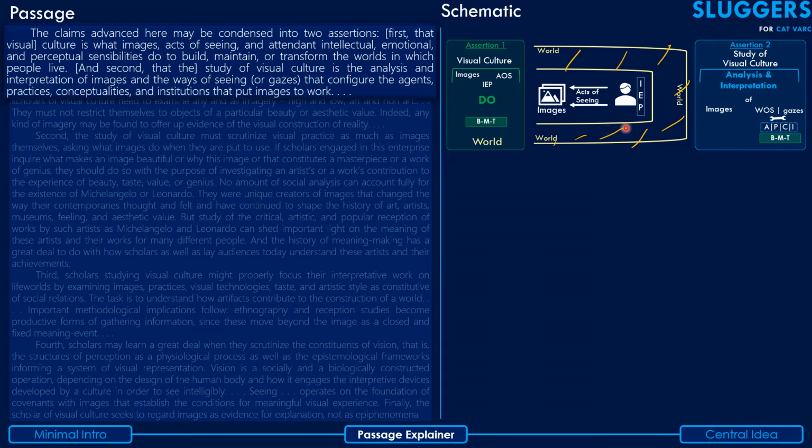Let's proceed. In this context, of a person undertaking acts of seeing to perceive images in his own situated world, let's try to read what the author has said. The author says the claims advanced here may be condensed into two assertions.